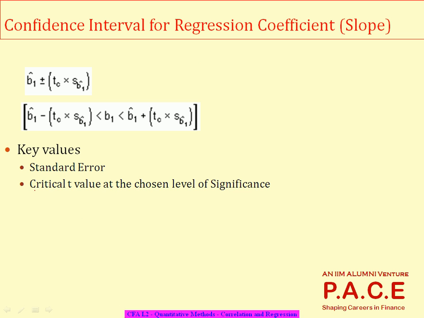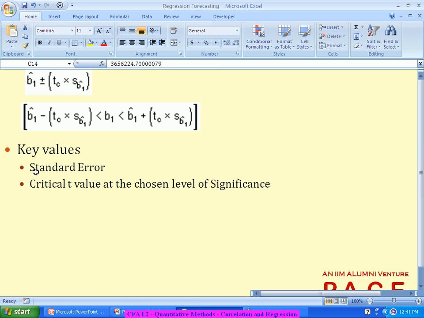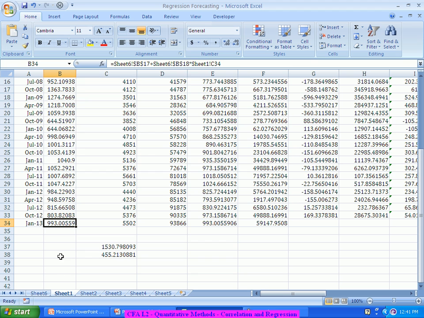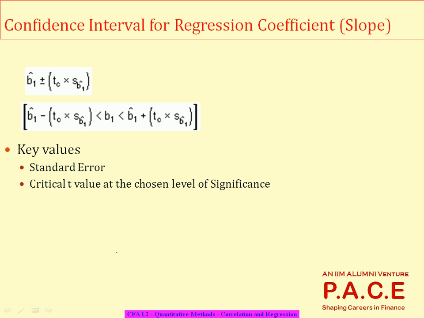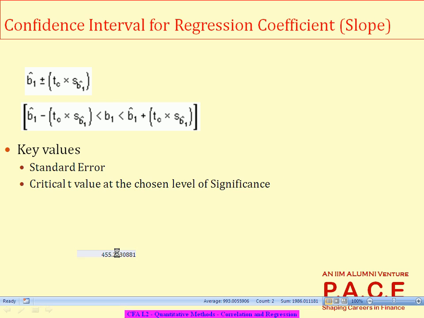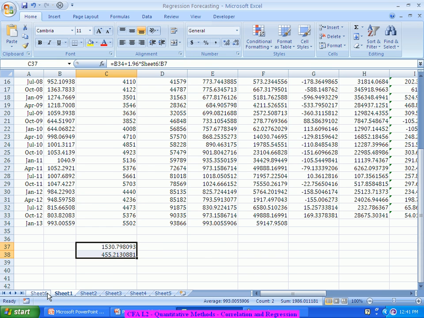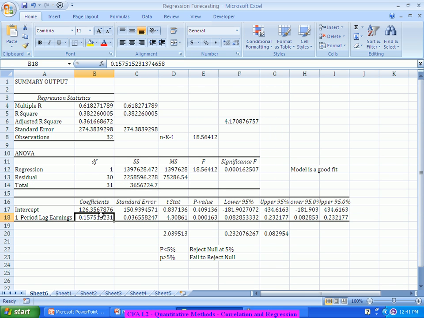As an interval, as we have seen, for the predicted value we got 993. We are putting a 95% confidence interval around it by using 1.96 times the standard error of the value. The same thing you can do for your coefficient also. If I want the 95% confidence interval for my regression coefficient, I take 0.15 plus or minus the t value times the standard error.